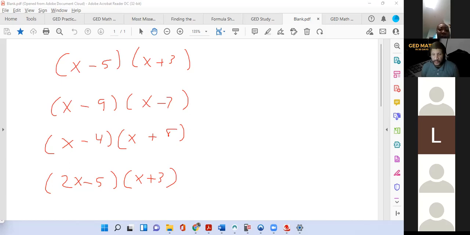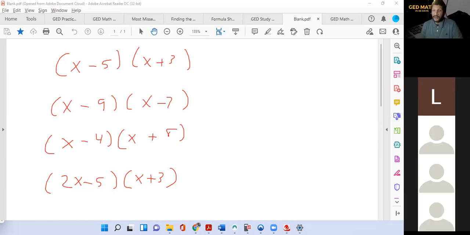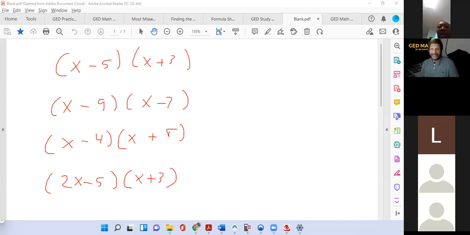Okay, I did it wrong. I want to change mine. You want to change yours? Yeah, instead of plus 2x, I want to put negative x. You said you want to change it from negative 2x to negative x? So x squared negative 2x negative 15.